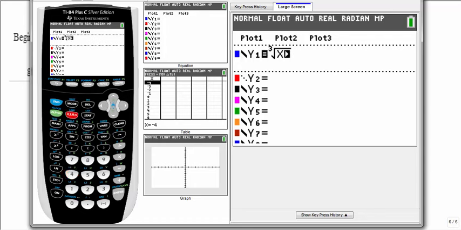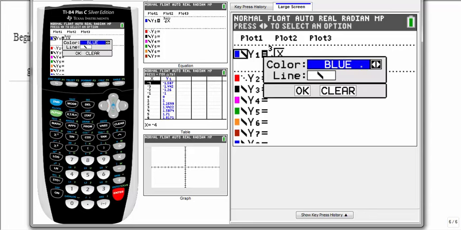Now that's going to be the blue graph, and let's go ahead and change that to something different. I guess blue would be fine. Lots of good options here. I just want to find one. Okay, let's go back to the blue. And then those little dotted lines were really hard to see.